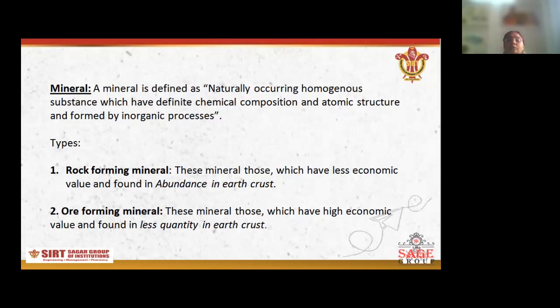Okay, so we have categorized copper, iron as ore forming minerals, and quartz as a rock forming mineral.